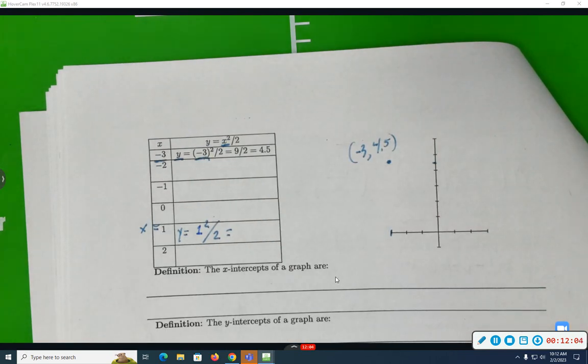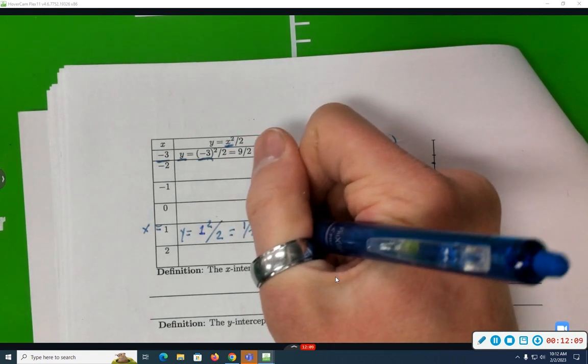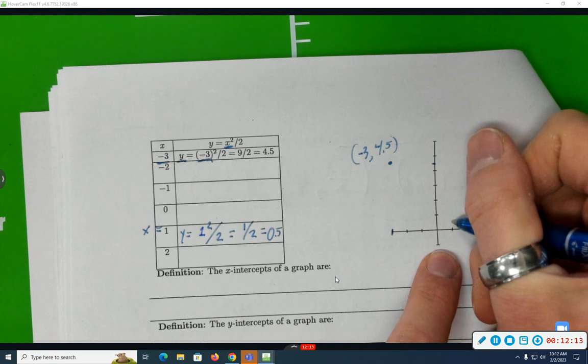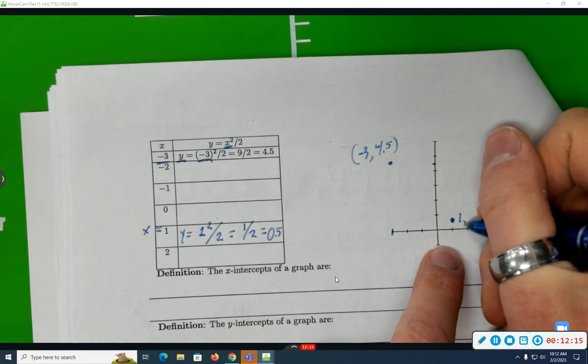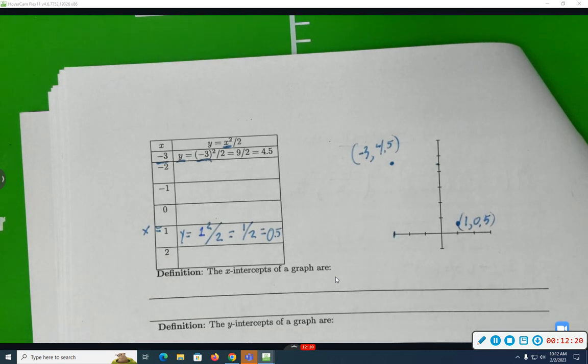What's 1 squared? 1. So it's just 1/2, also known as 0.5. So it looks like when x equals 1, y is 0.5. That seems pretty okay.